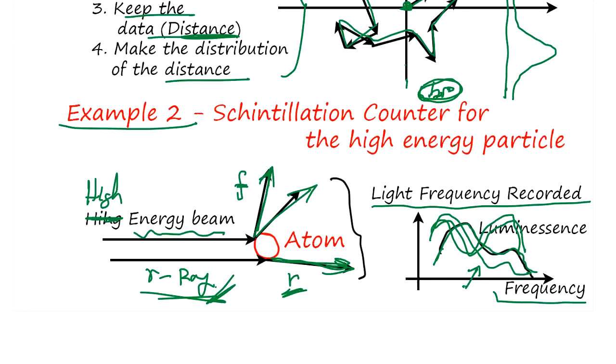So that's also, this scattering of high energy beam is a very complicated equation, and it's very difficult to analyze by mathematics. We use Monte Carlo simulation. It gives a very nice result. Okay, these are just two examples.